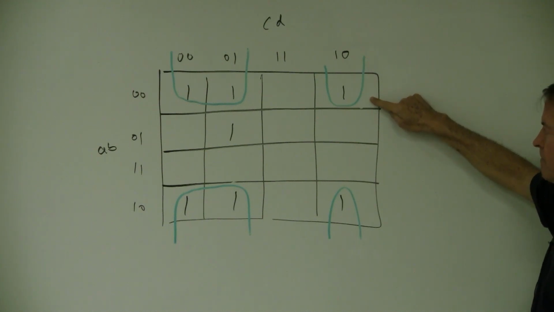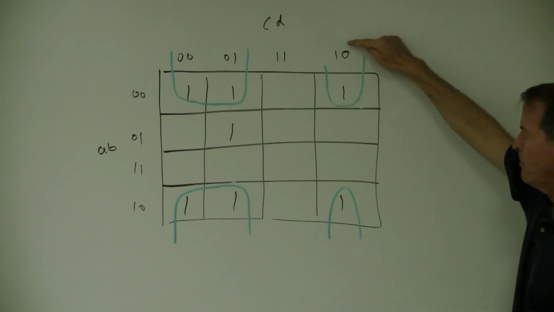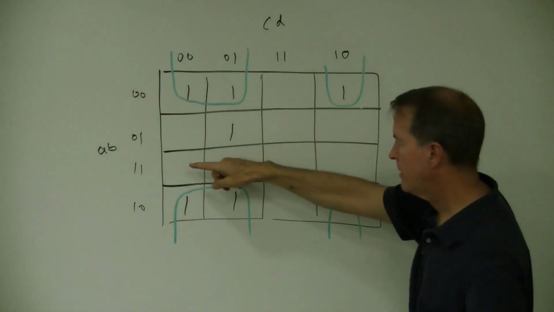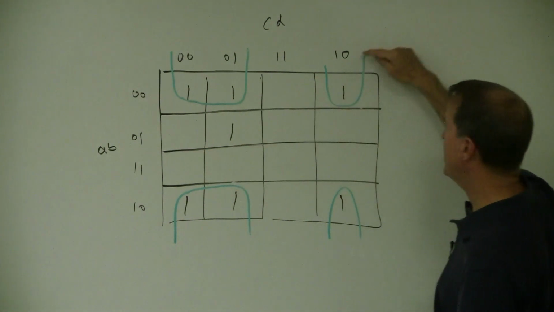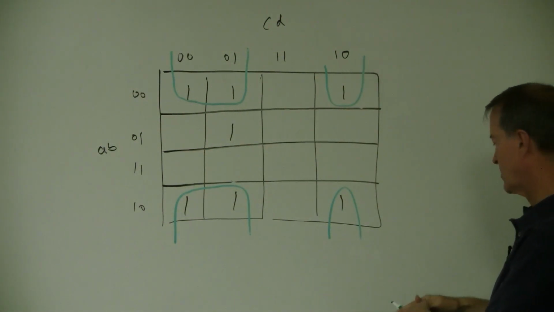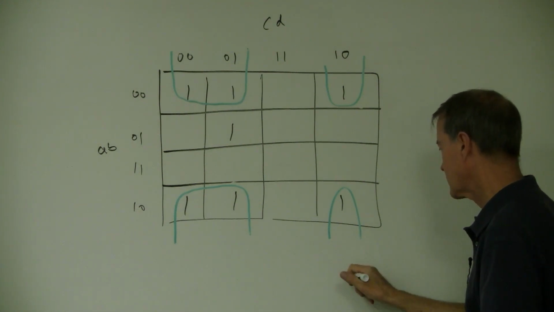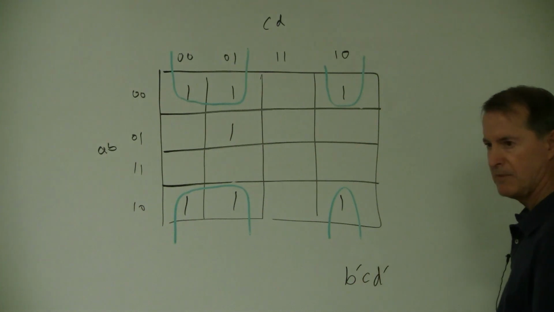It would be a 3 input, B prime C D prime. This would be B prime C. This one would be B prime C D prime. Are you with me?